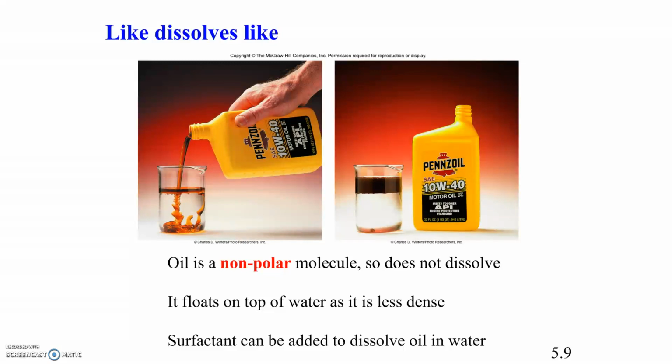So, for example, the nonpolar portion of the soap molecule might dissolve that oil, whereas the polar portion will attract the water and allow that oil to then be slightly soluble in that water. This is why we use soap to clean our hands. It helps us get something that might not dissolve in water off of our skin.